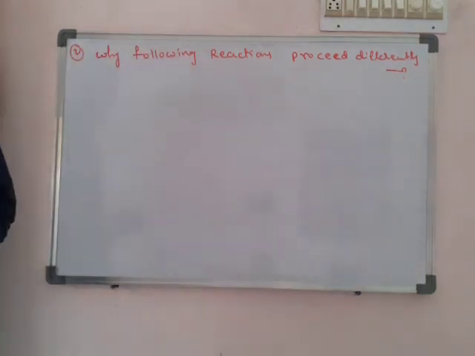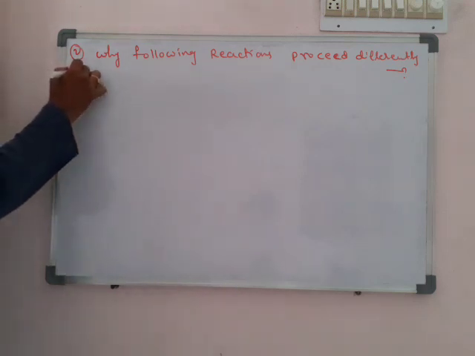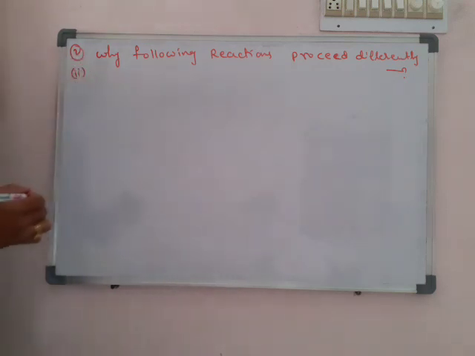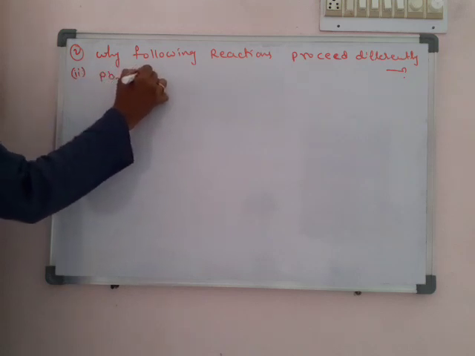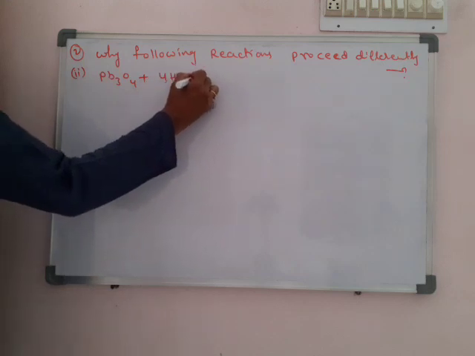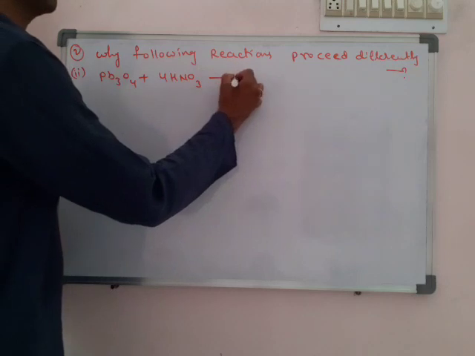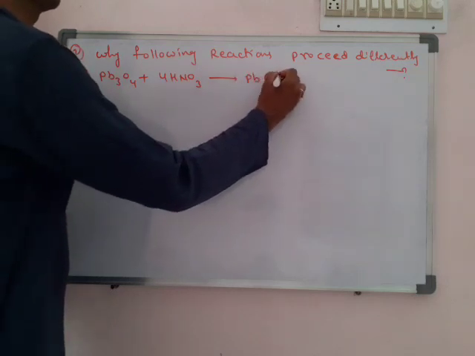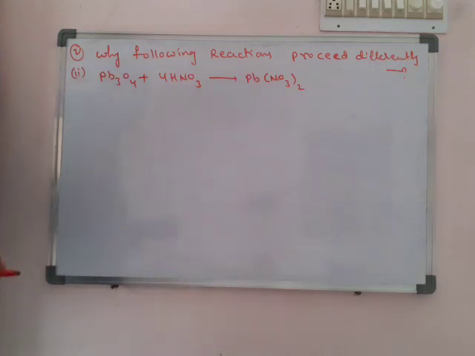So what is the second reaction? Again Pb3O4 plus 4HNO3 gives lead nitrate, here the formation of salt.